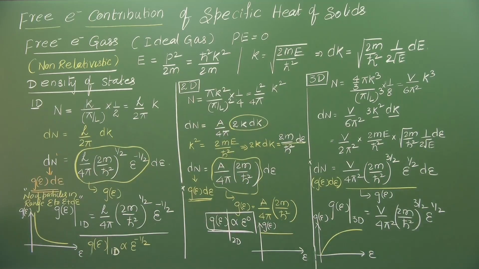Once again everybody please remember G of E in 3 dimension: V by 4 pi square, 2m by h cross square whole power 3 by 2.